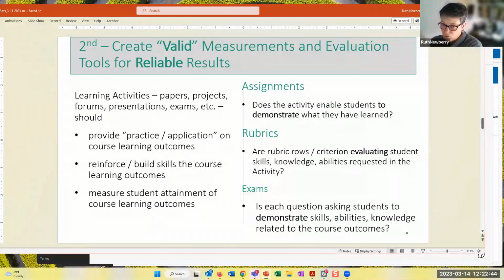So again, that rubric is going to be structured on the assignment and the activities and the skills that we're trying to measure. Same with exams. Does the question also enable the student to demonstrate what they know and don't know, how they use or don't use a certain concept?